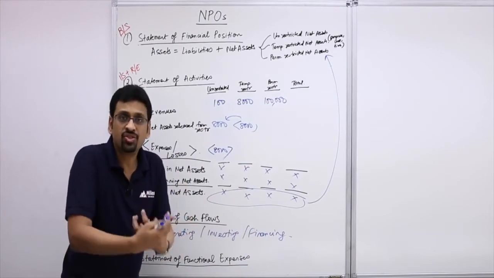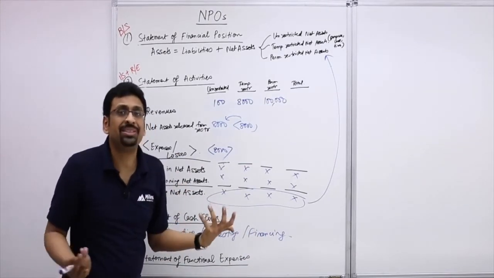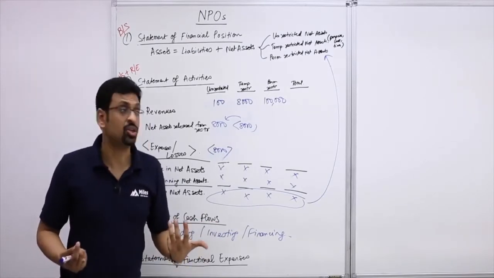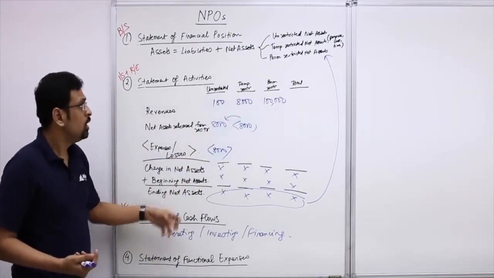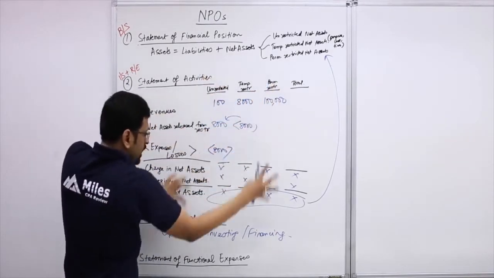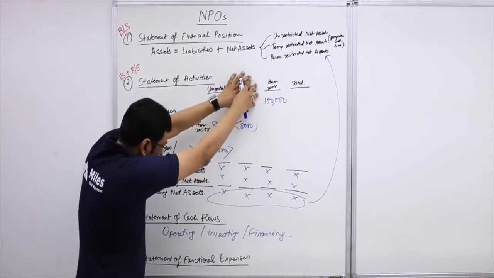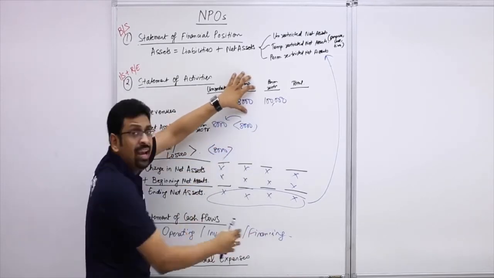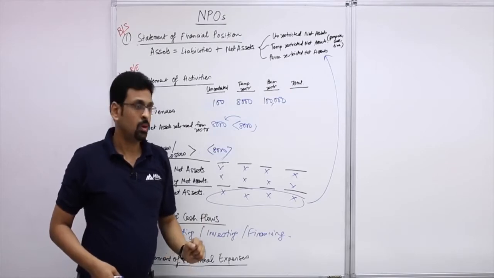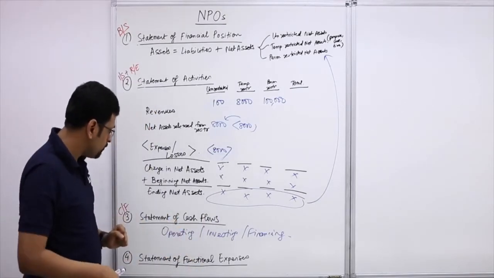But if the temporary restriction is for operational purpose, let's say cancer research, you can use it for salaries that you spend for cancer research, that is operating. So unrestricted revenue is operating, permanently restricted is financing. Temporarily restricted can be operating or financing depending on the type of restriction. Okay, so that was the statement of cash flows.